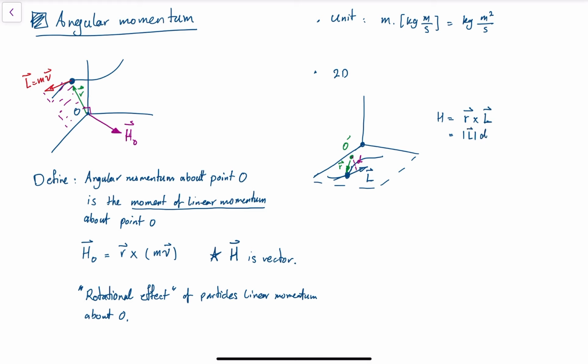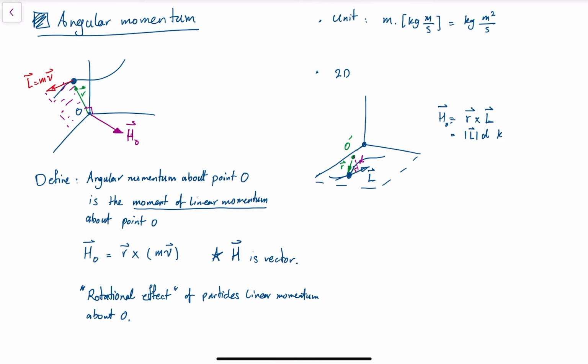So it has to be either in the positive or negative z direction, and knowing from the right-hand rule that it is r cross L, it is about positive k. So you can also use geometry to simplify your calculations, but remember that always you can do the cross product. As long as you know the vectors, you can do the cross product.